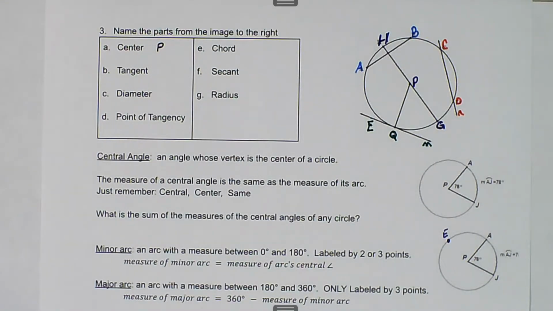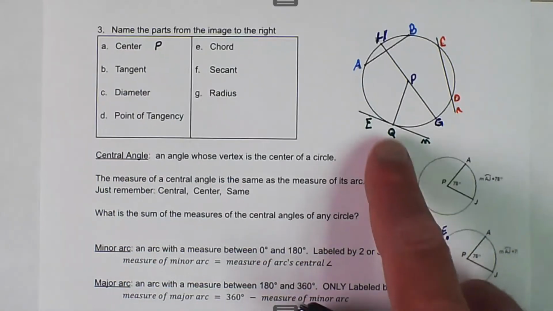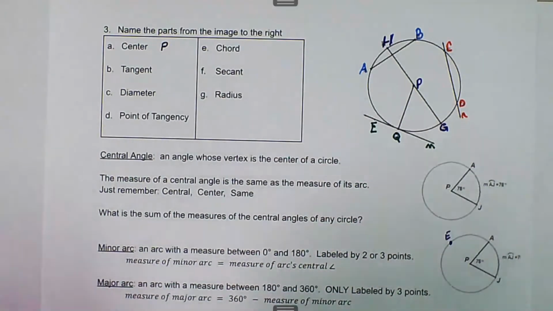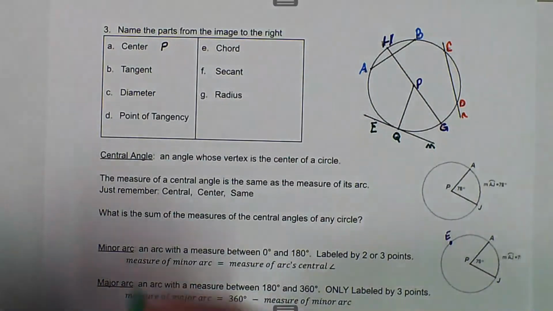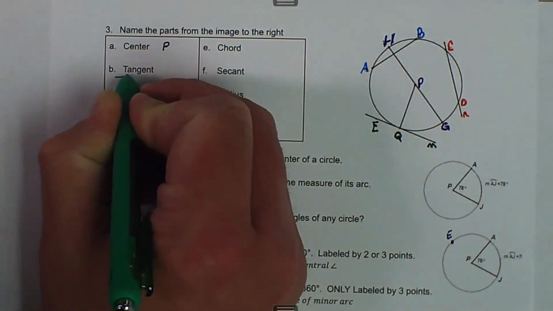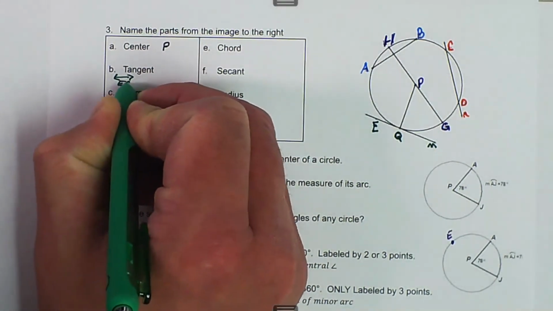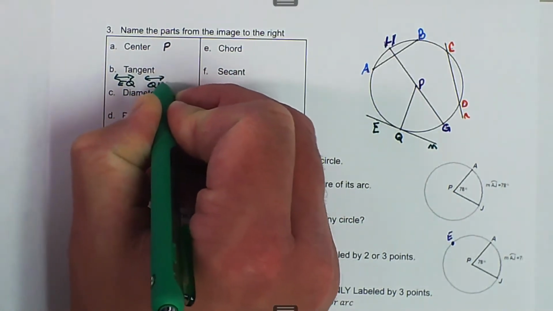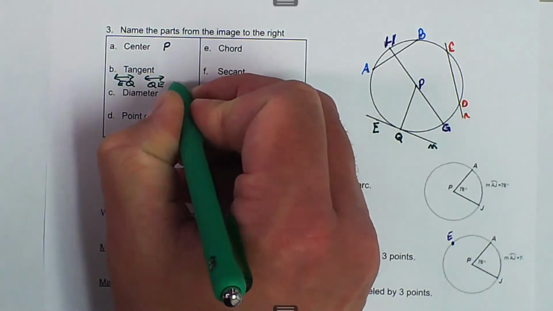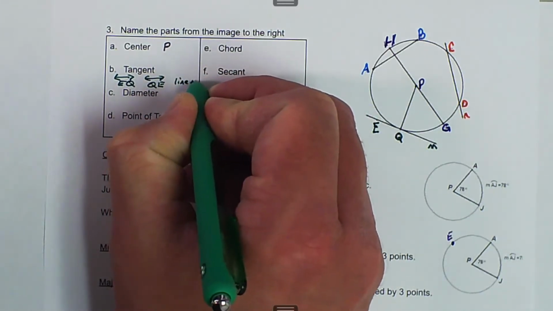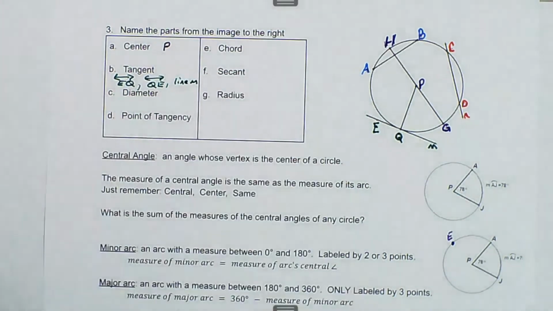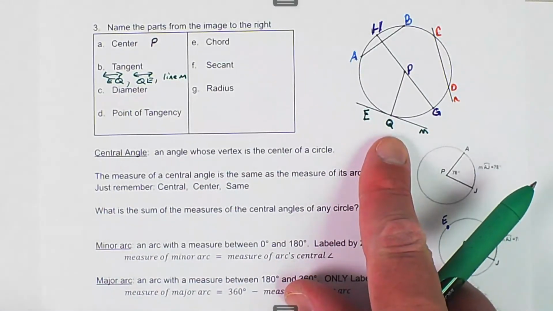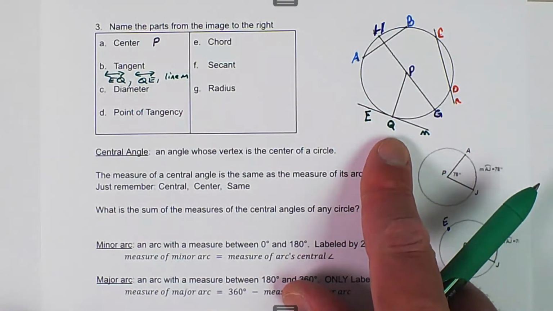So the tangent is a line that touches but doesn't go through. And so we have it right here, and you can name it three different ways. You could call it line EQ, you could call it line QE, or you could call it line M. So any one of those are acceptable names for the tangent line.